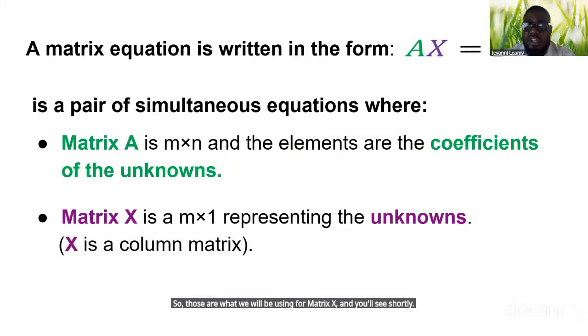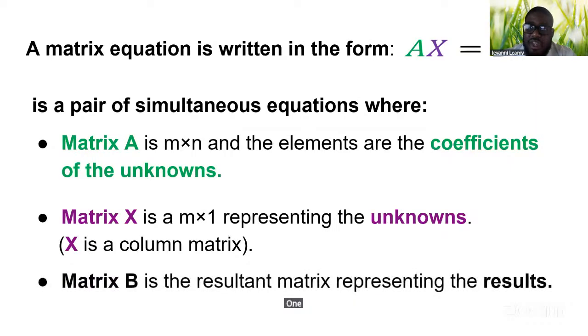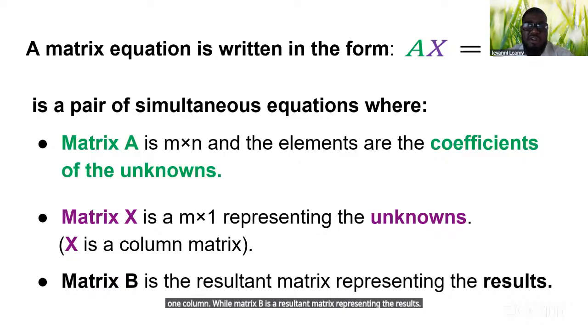So X is a column matrix. That means it only has one column. While matrix B is a resultant matrix representing the results. Remember that when we sold the tickets, we got $280 worth of tickets, and in total we got 50 tickets. So those will be our matrix B values.